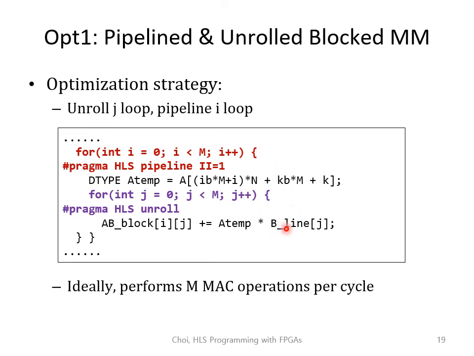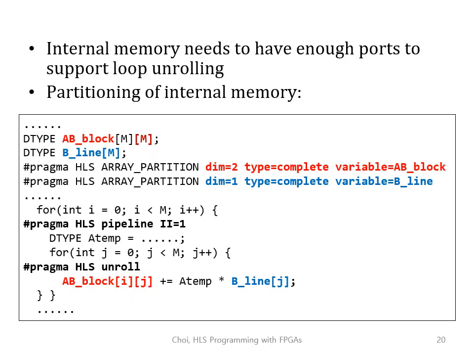Then ideally, we know that it'll perform M MAC operations per cycle. But to make that possible, we also know that the internal memory needs to have enough ports to support loop unrolling. So let's partition the internal memory as well. In order to unroll this J loop, we need enough memory partitions to supply the whole B line in parallel.